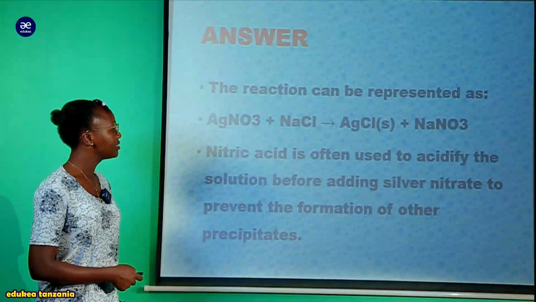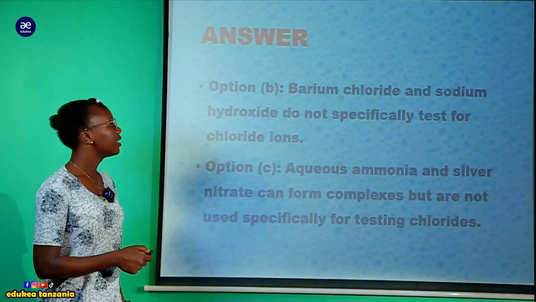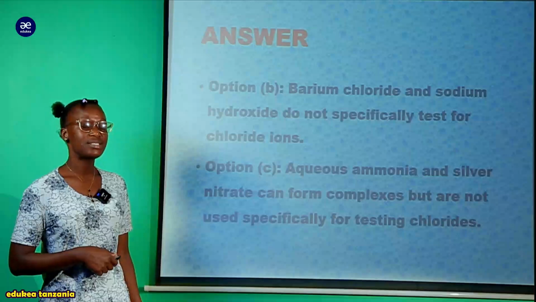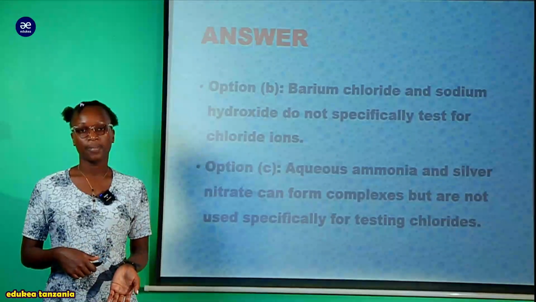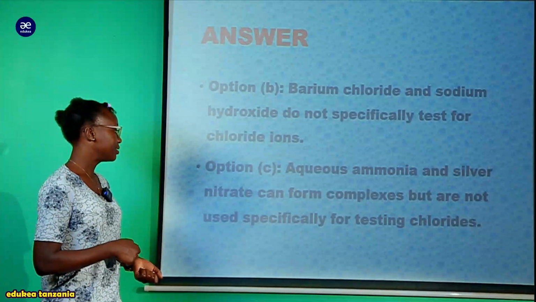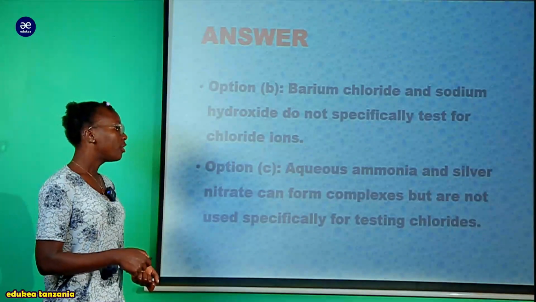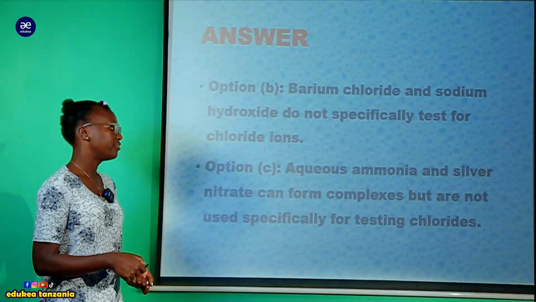So now you can see that option B ilikuwa ni barium chloride and sodium hydroxide. So you can see that do not specifically test for chloride ion. Lakini pia option C tulipewa aqueous ammonia and silver nitrate, can form complexes but not used specifically for testing chlorine.